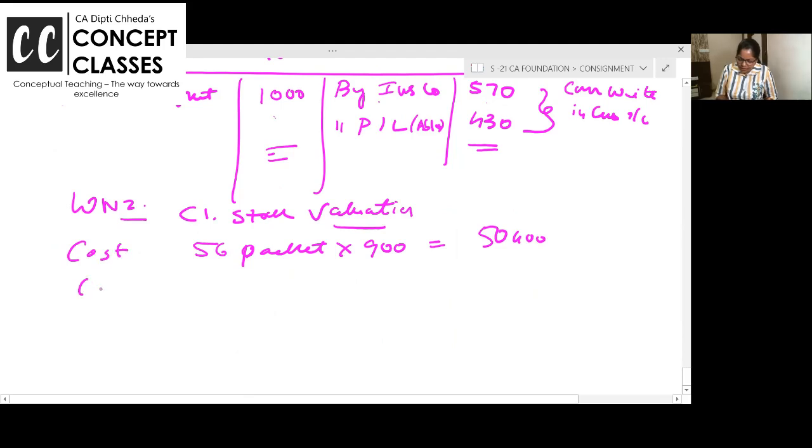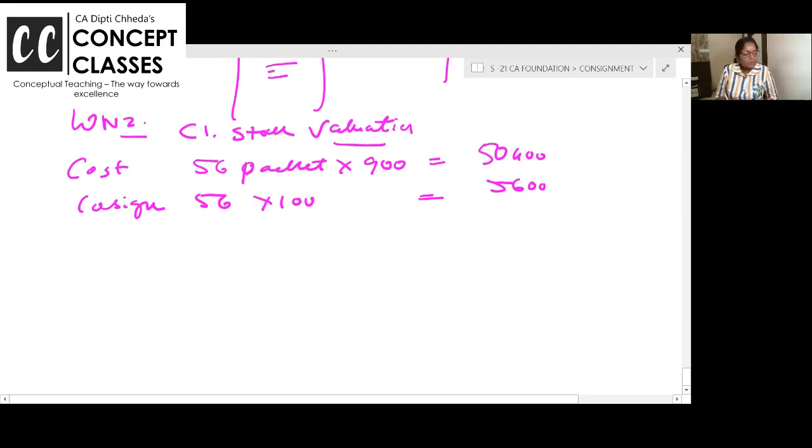Cost. Consignor's expense. 56 into 100. 5,600. Consignee's expense. Consignee's expense only non-recurring, not recurring. Non-recurring is 39,950.